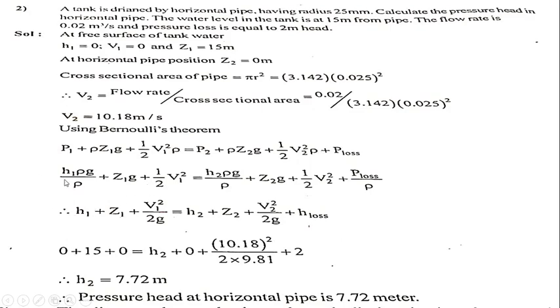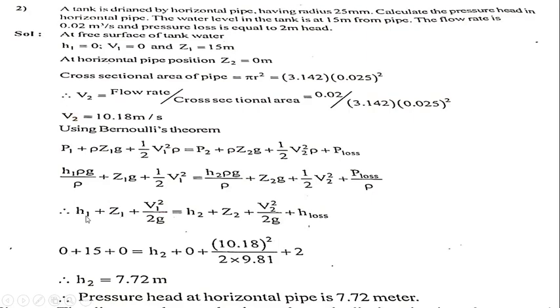So H1 rho g upon rho plus Z1 g plus half V1 square equal to H2 rho g upon rho plus Z2 g plus half V2 square plus P loss upon rho. Therefore H1 plus Z1 plus V1 square upon 2g equal to H2 plus Z2 plus V2 square upon 2g plus H loss.